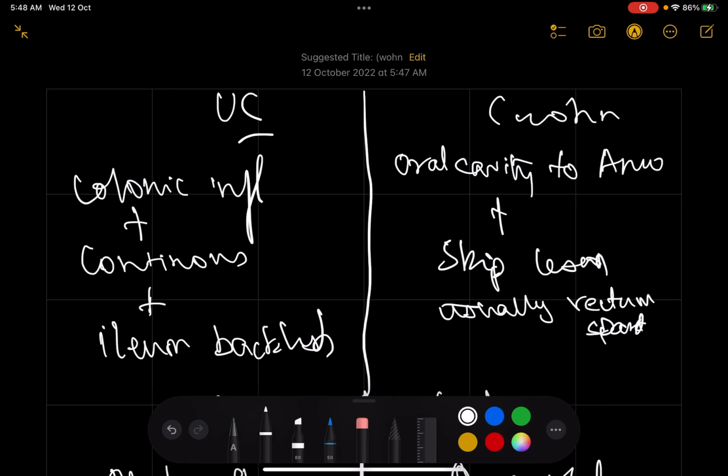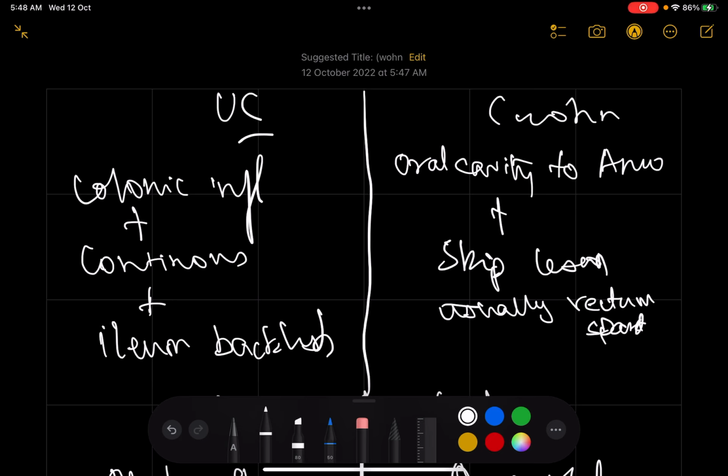Bowel wall thickening, and string sign is also seen because of fibrosis. There are linear ulcers, fissures, serpiginous ulcers, aphthous ulcers. That's about Crohn's. Now let's talk about ulcerative colitis: mucosal and submucosal inflammation only. The ulcers are shallow. They heal, and they heal with pseudopolyps. And lastly, you can have loss of haustra, which leads to lead pipe appearance.